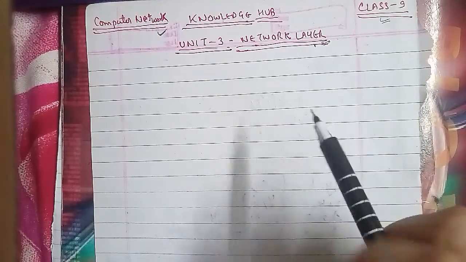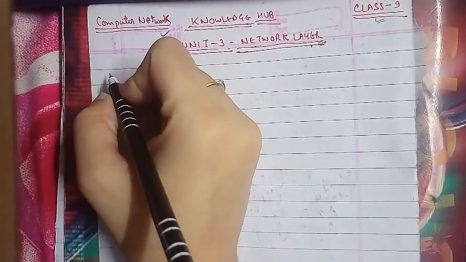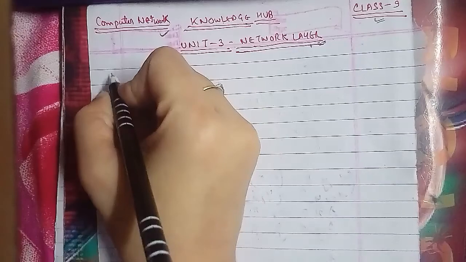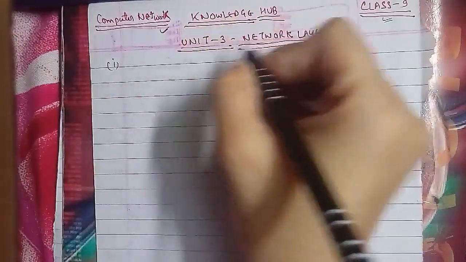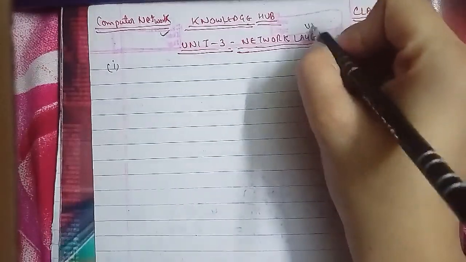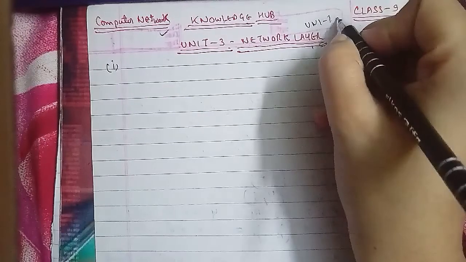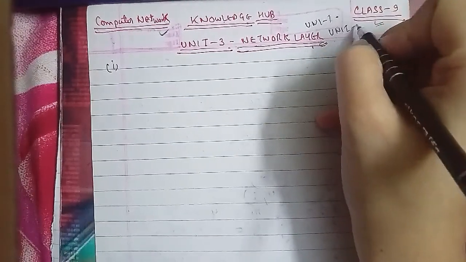The first part of the question is "answer each question", and this is unit 3, the network layer. We had completed unit 1, the introduction to computer network, and unit 2, the medium access sublayer. Now we'll start with the network layer.